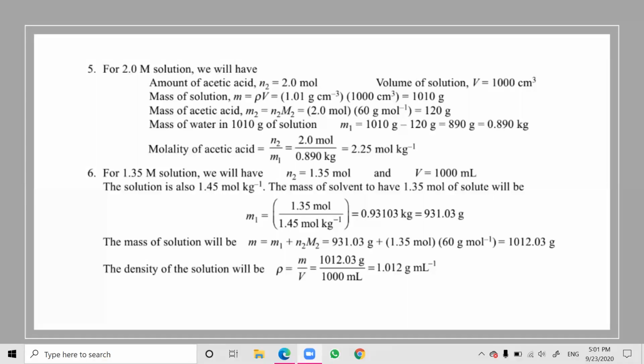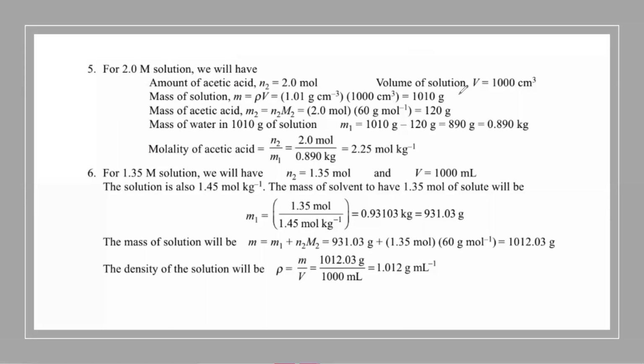Now here we see a 2 molar solution. We have the amount of acetic acid equal to 2 moles, and the volume of solution is 1000 centimeter cube. And the mass of solution you can find, and you'll get it as 1010 grams. Mass of acetic acid is equal to number of moles into molar mass, that is 60 grams per mole, that is 120 grams.